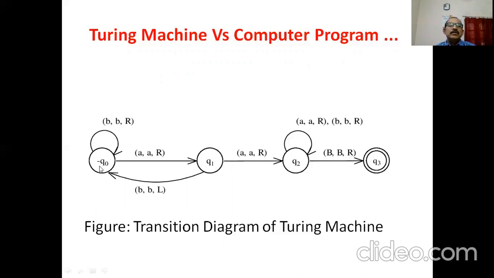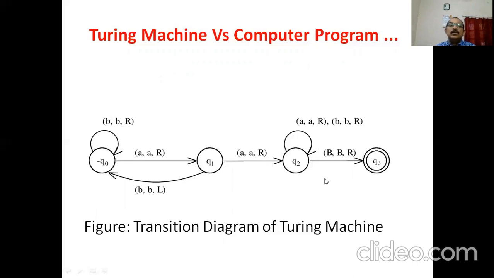Means from starting state Q0, you go to Q3. The machine halts, and you can see the final configuration has the state Q3, which is the final state. We can say AA is accepted by the Turing machine.